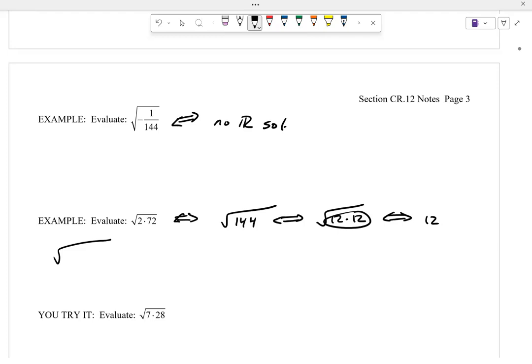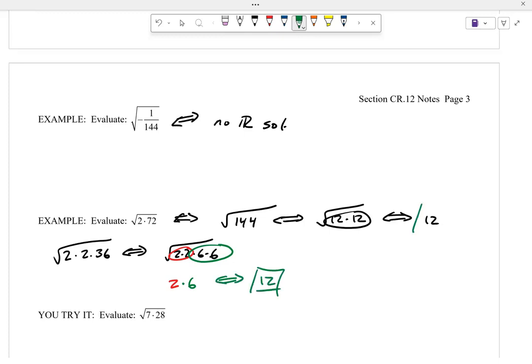Another way you could do it is to keep breaking it down. 72 is 2 times 36, and 36 is 6 times 6. So you have the square root of 4, which is 2, so 2 comes out, and the square root of 36, which is just 6. Then you multiply 2 and 6, and it gives you 12. Either way you do it, you're still going to end up with 12 if you do it properly.